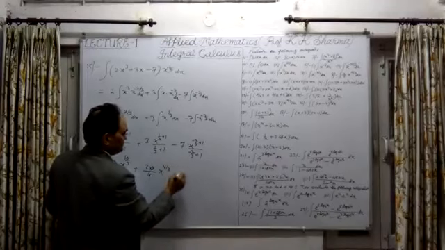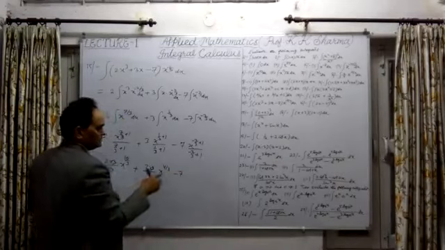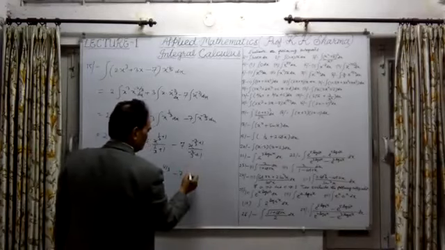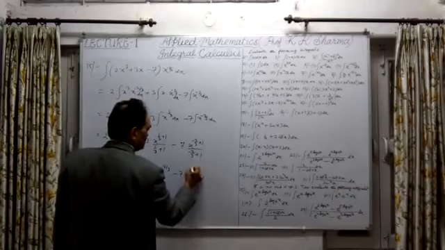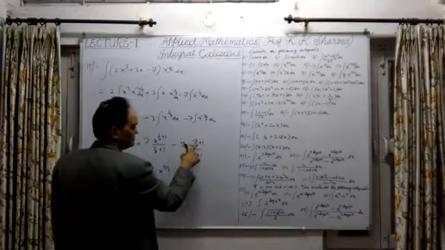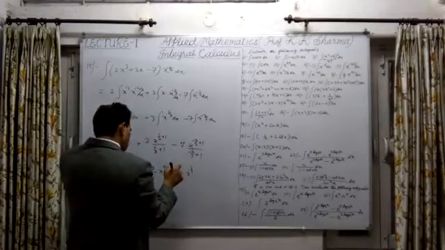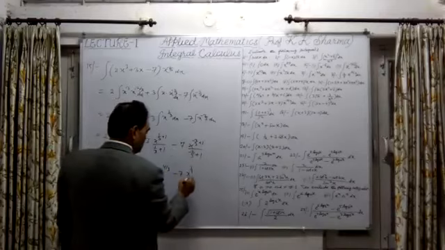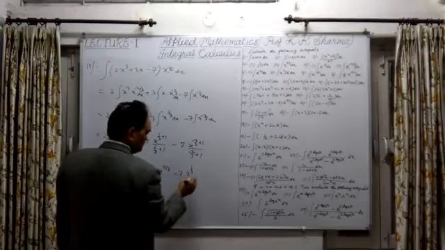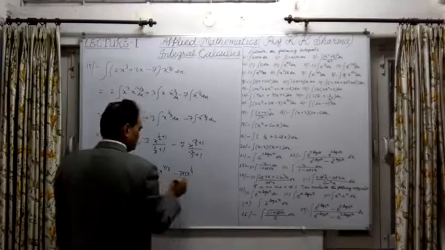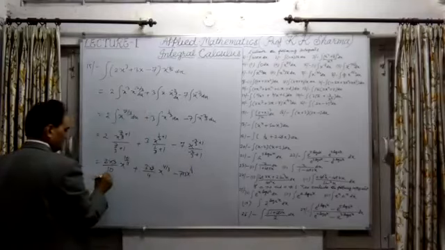Okay, minus 7, and this minus sign, this positive sign. So it will be x raised to power 1 by 3 positive. Minus 2 plus 1 plus 3, that is plus 1 by 3. And divided by 1 by 3 positive, it will be 3 into 3. This will be 2 5, yeah, it will be 6 by 10, that is 3 by 5.